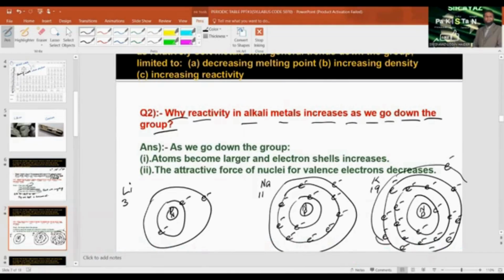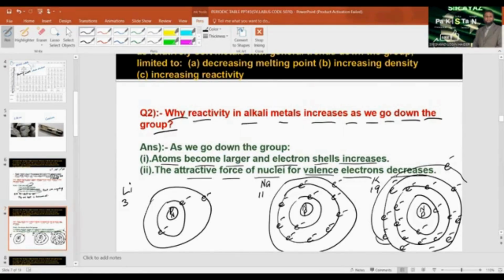You see the size, the atoms become larger and electron shells increase. So the attractive force of the nuclei for valence electrons decreases.